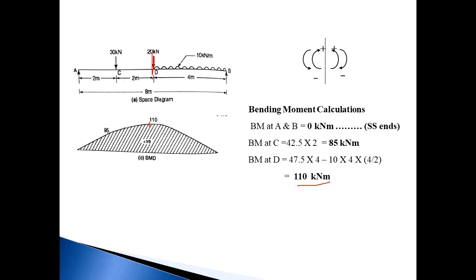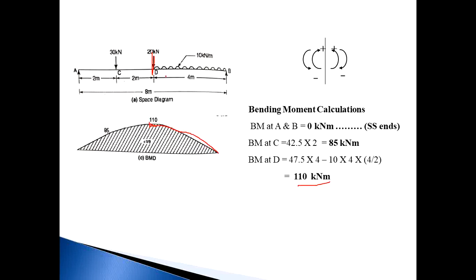Now in portion D to B there is a UDL. So whenever a UDL is acting on the beam, you should draw the BMD by using a parabolic curve. This is not a straight line, this is a parabolic curve.